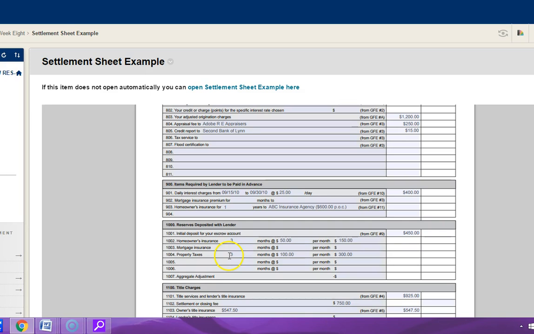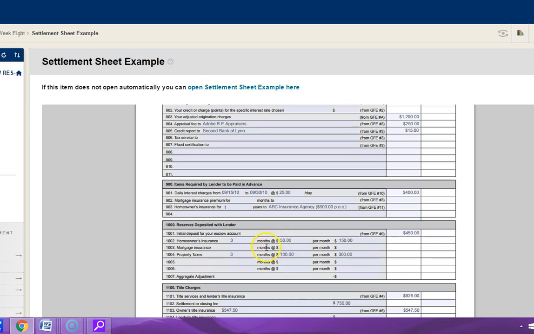So it's typically 3 months that they'll collect. Sometimes it's 2 months. And then what you do is you take the annual tax bill, and you can do that for Magnolia because you can look it up. The annual taxes for this year, you divide it by 12 months, and that number goes right here. Then you multiply 3 times that number, and you get the total, and you stick it here.